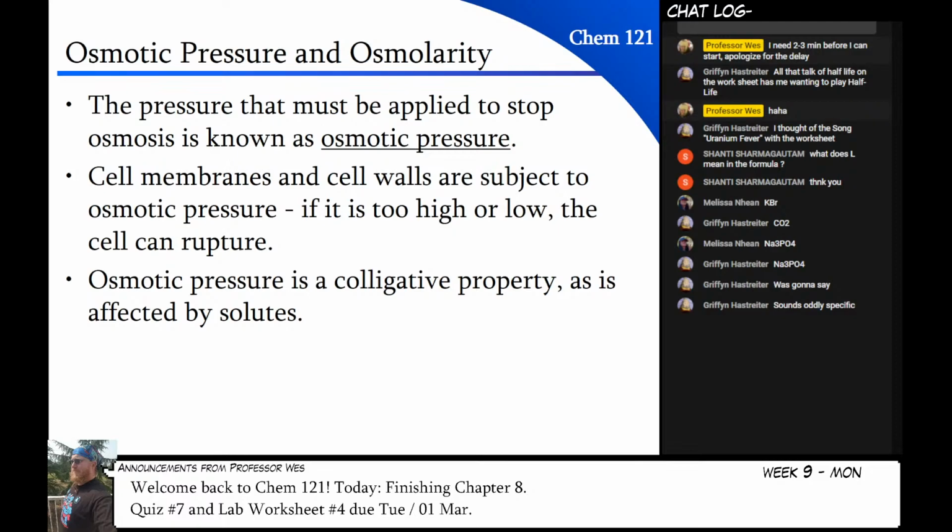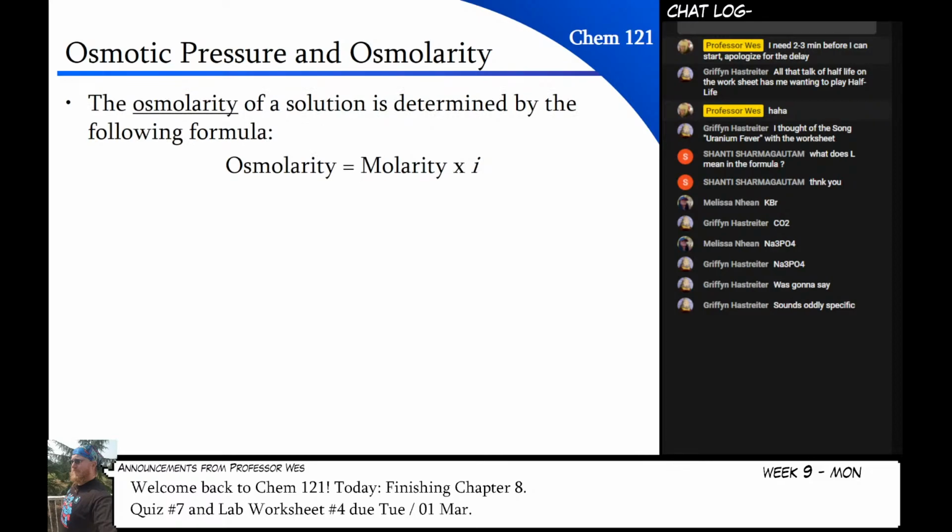To determine osmotic pressure, we have this value called osmolarity that we can apply to solutions. If two solutions have the same osmolarity, they will have the same osmotic pressure. And the way that we do this is we multiply the solution's molarity in moles per liter by this factor called i. i is the number of particles the solute dissociates into.